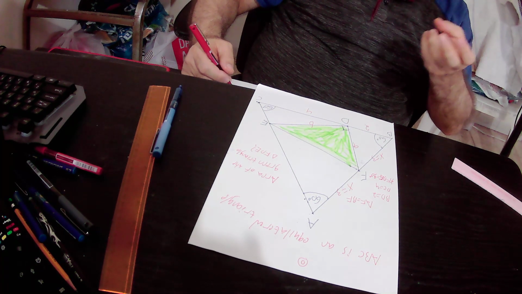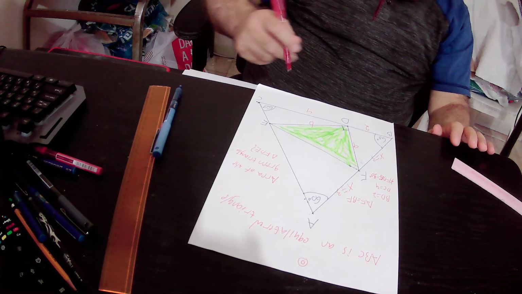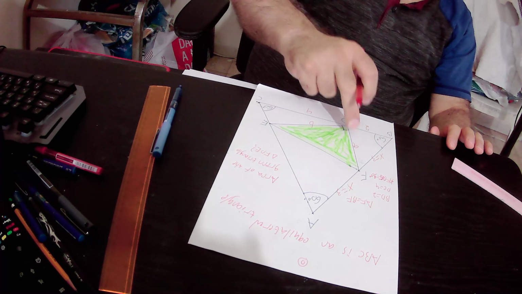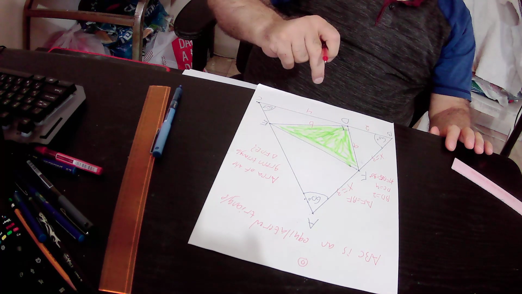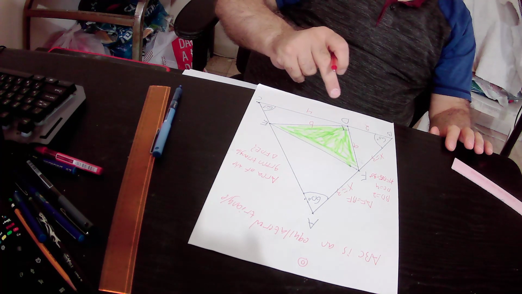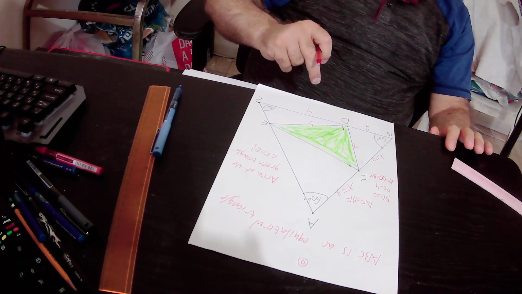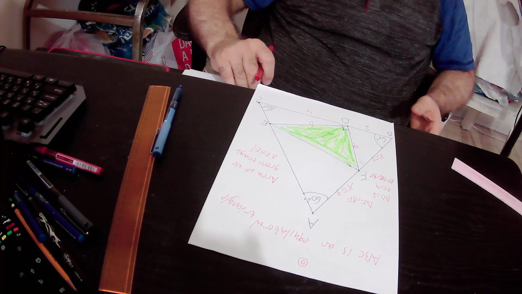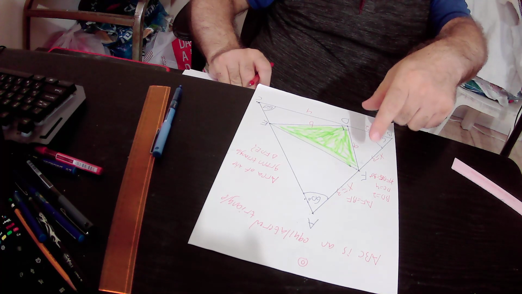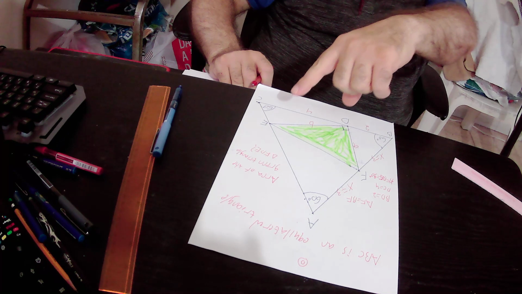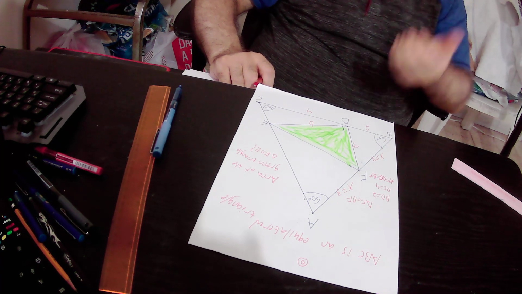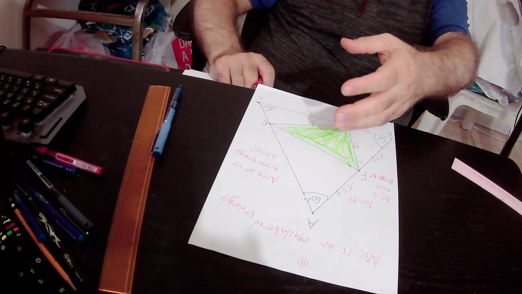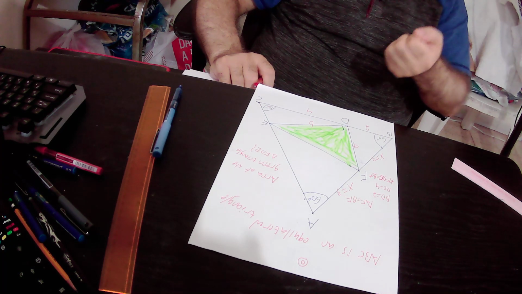So the area of the green triangle will be equal to the base, that is B, times the height, that is A, over 2. So the only thing we need to do is to find the value of A and the value of B, and then we will know the area, that is A times B over 2.